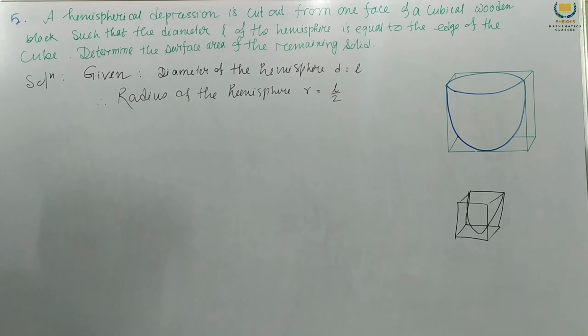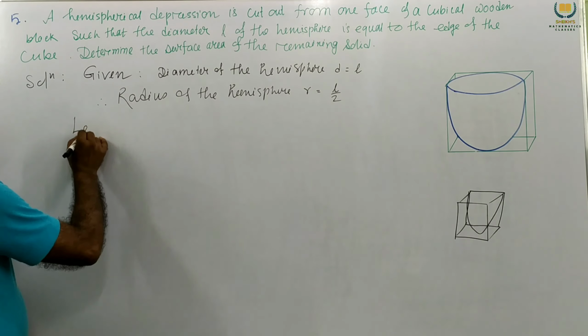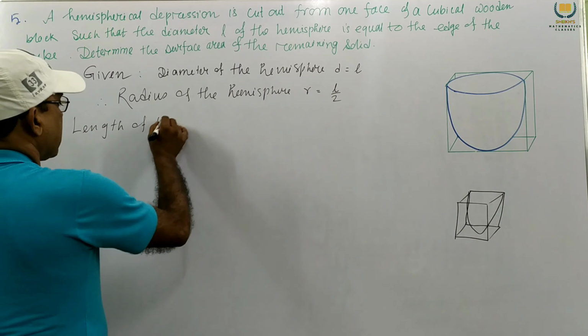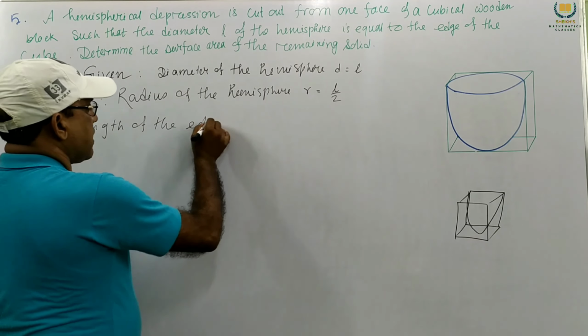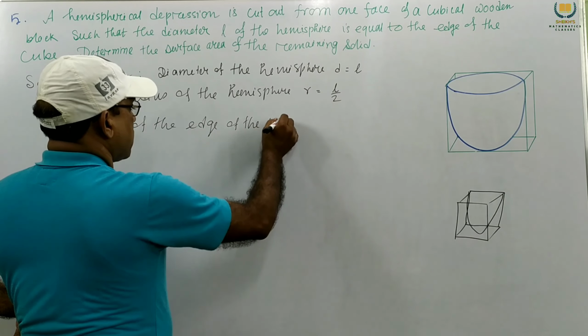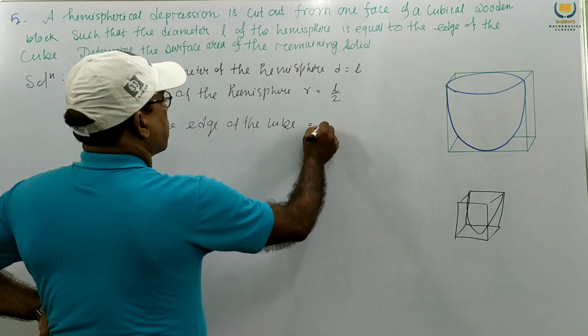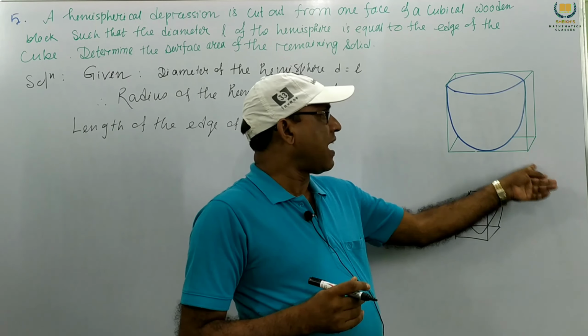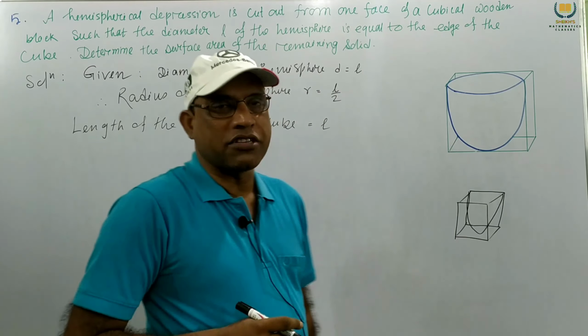This is the radius of the hemisphere. And the length of the edge of the cube equals L. This length is L and this is the diameter of the hemisphere.